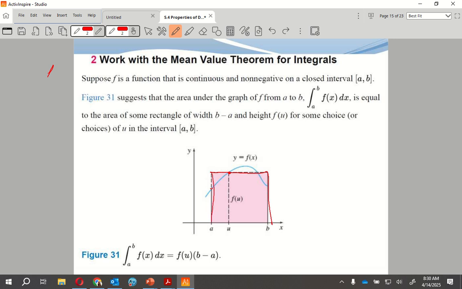You notice there's a little bit under here and a little bit of an overestimation here.